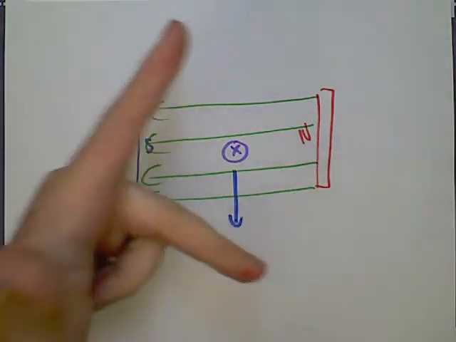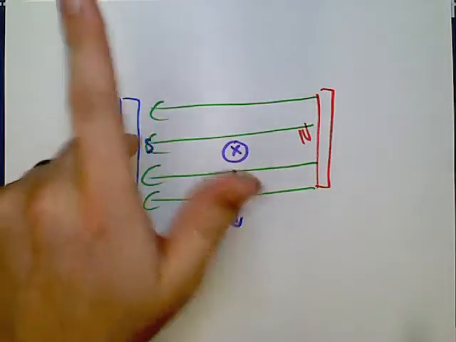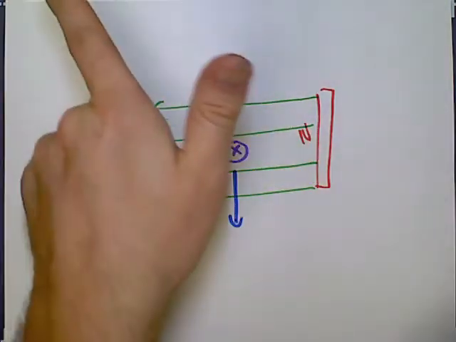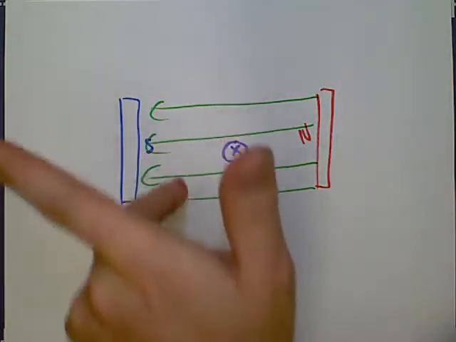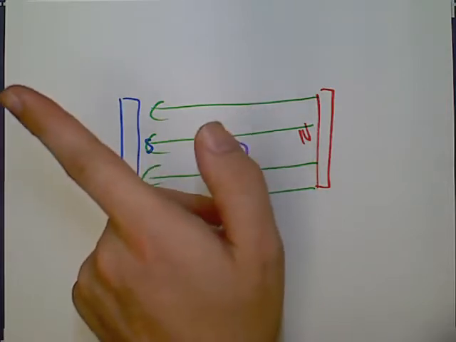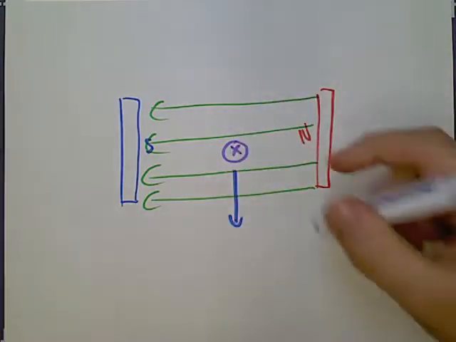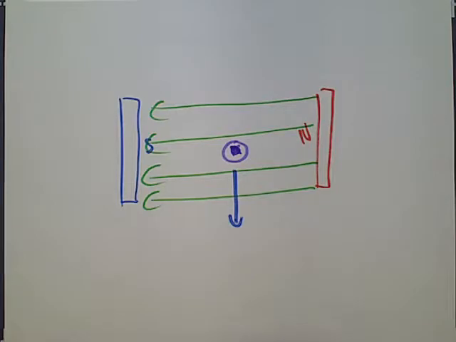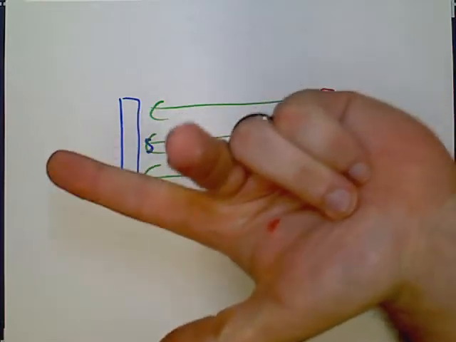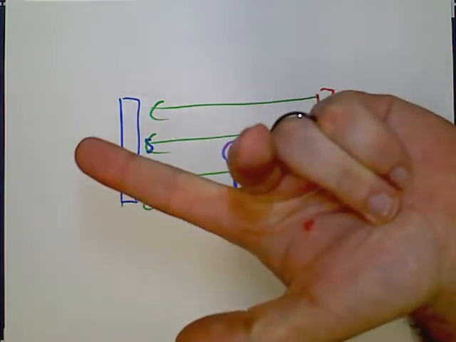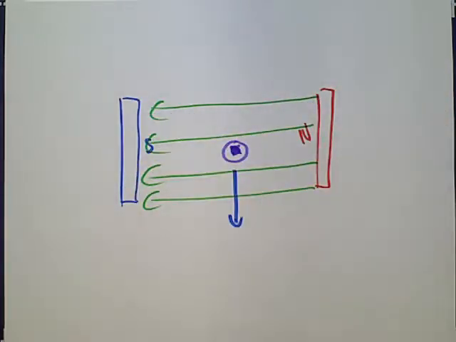We know that because of Fleming's left-hand rule: current going in, magnetic field. Oh, wait, I've done this the wrong way around, haven't I? So I've got the magnetic field going in that direction, current in that direction, and the motion up. Since I've already drawn this, I'm just going to change it to a spot because I don't want to redraw my drawing. So this time the current is coming out of the page. I'm just going to rotate my hand here. So I've got the current coming out, my field lines in that direction, and my thumb is now pointing down. So that's correct.